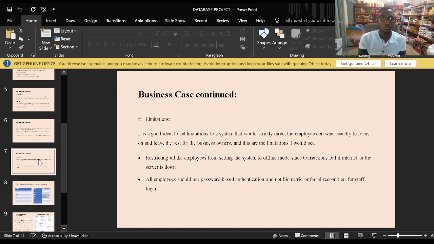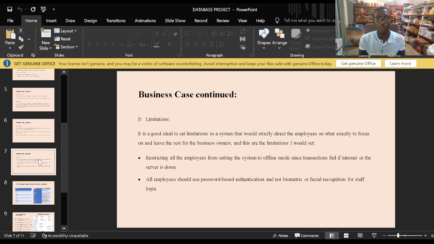As we continue to limitations, we can choose to set these systems to online mode as they use internet and cloud. So whenever they are offline, they can't transact. So we have to put limitations.